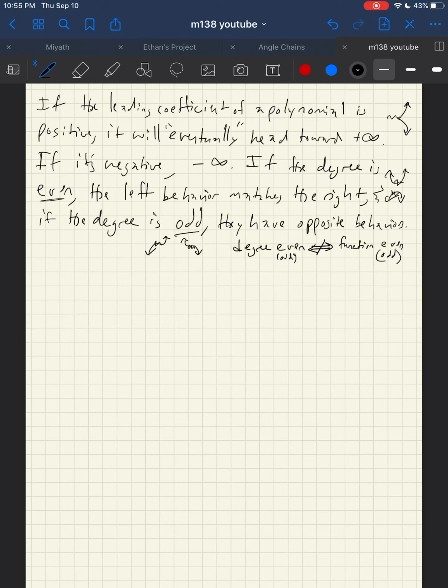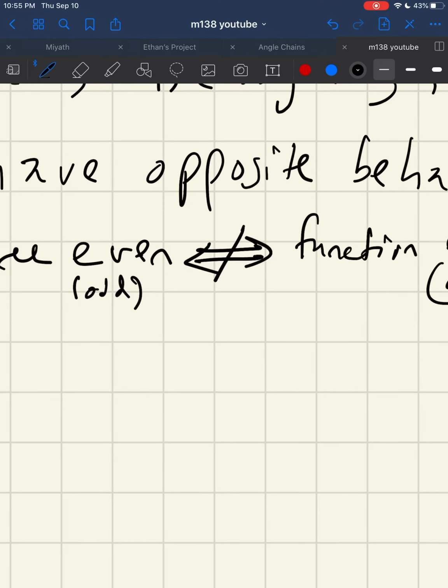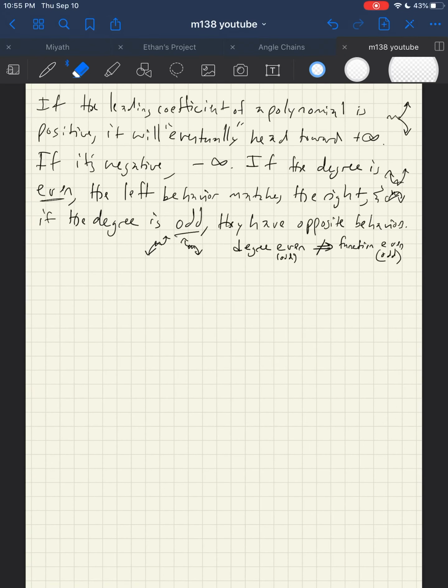If the function is even, I guess that might make the degree even. I don't want to comment on this too much because we have things that might not be polynomials. But for sure, this implication doesn't necessarily hold. So just note that.